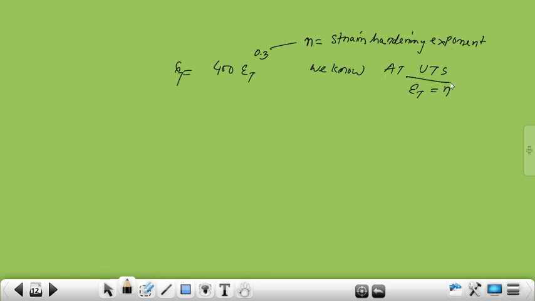So at the UTS, ultimate tensile point, epsilon t is equal to the strain hardening exponent. So sigma t is equal to 400 into 0.3 to the power 0.3, which is equal to 278.74 megapascal. So this is the ultimate point.